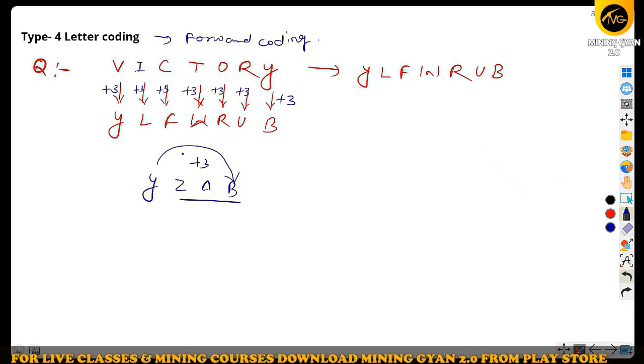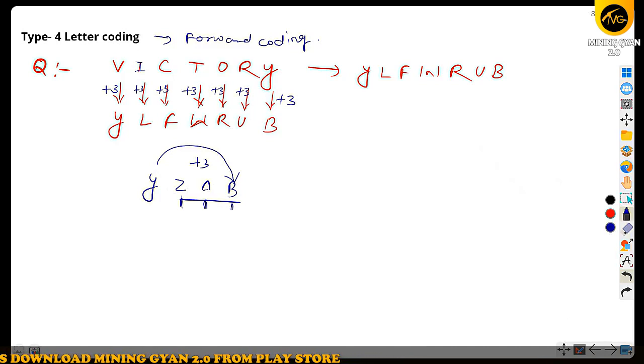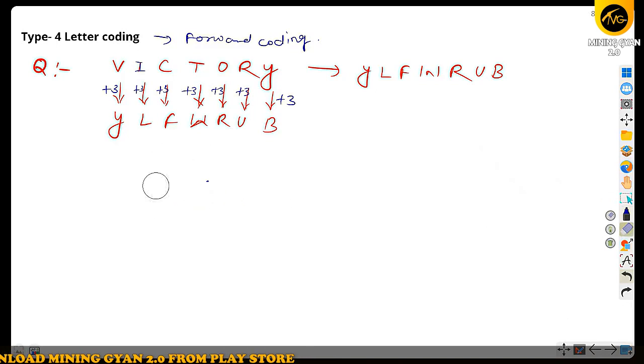So in forward coding, you have to continue after Z by using A, B, and C. Similarly, Y, then Z, then A and B. So the gap is plus 3. Now, similarly, you can relate the word success in the same way.